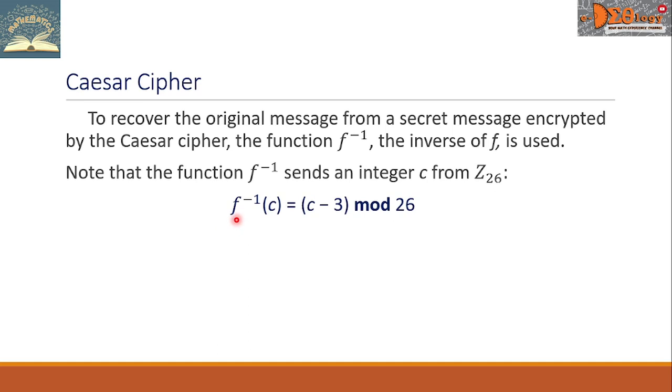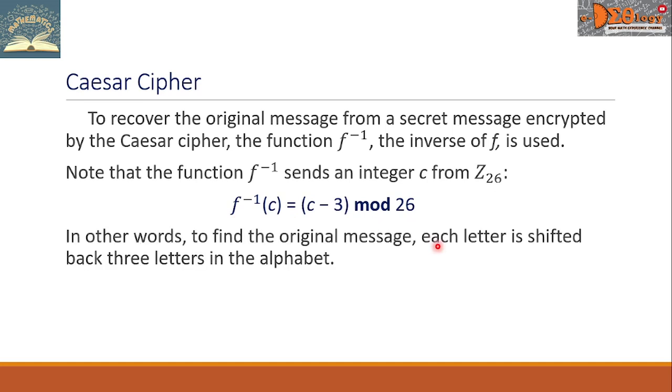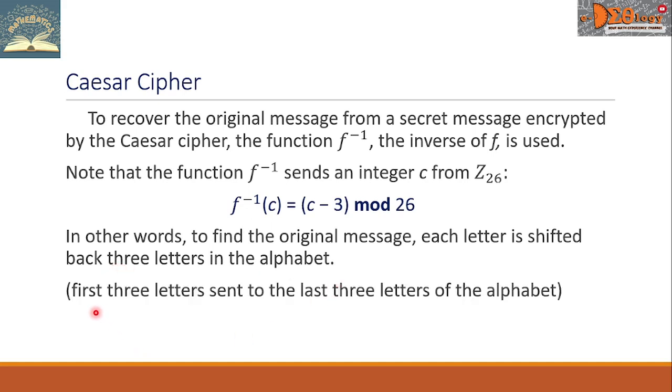This is the f inverse of c is equal to the quantity c minus 3 mod 26. In other words, to find the original message, each letter is shifted back 3 letters in the alphabet. Note that the first 3 letters are sent to the last 3 letters of the alphabet.